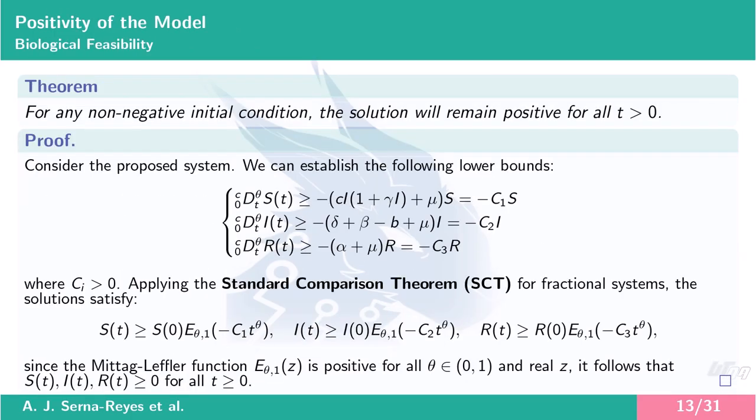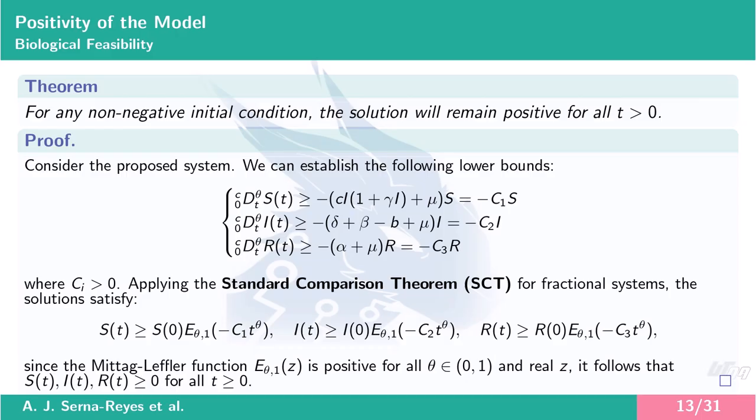We also established the positivity of the solutions, which ensures biological feasibility. Specifically, we proved that if the initial conditions are non-negative, then all three compartments remain non-negative at all time.